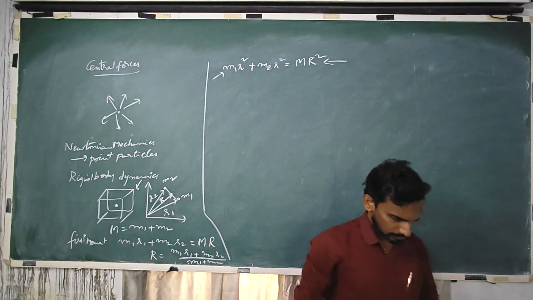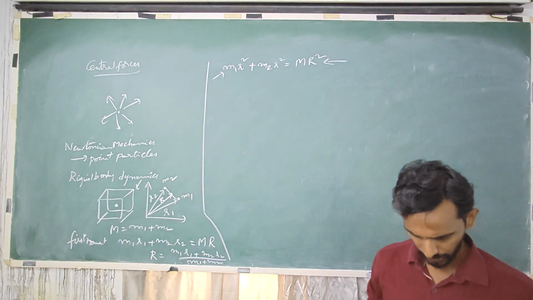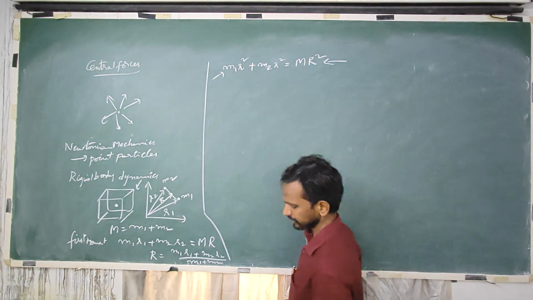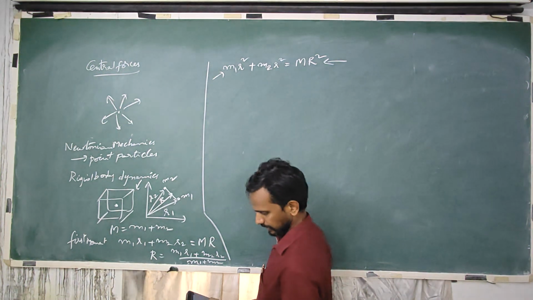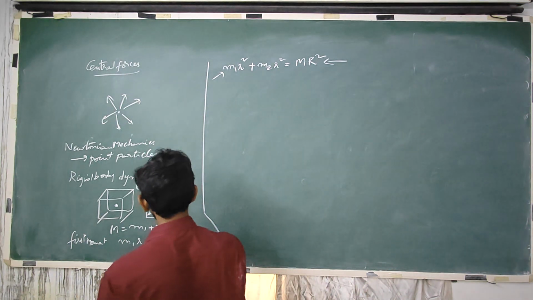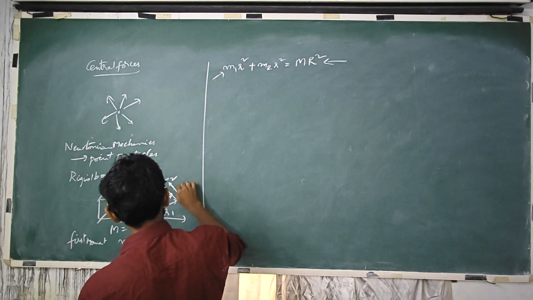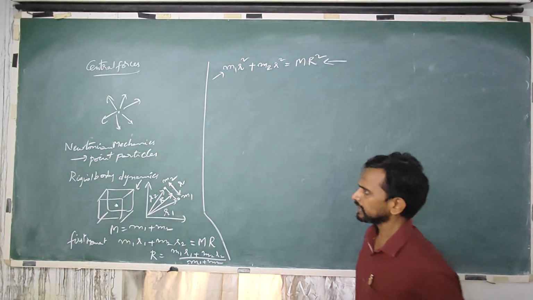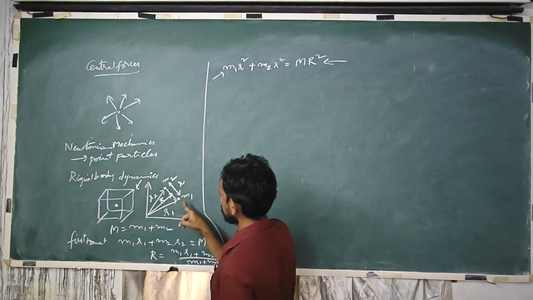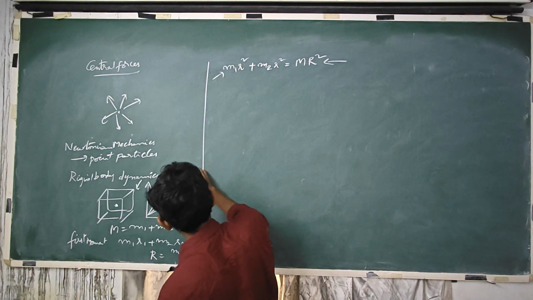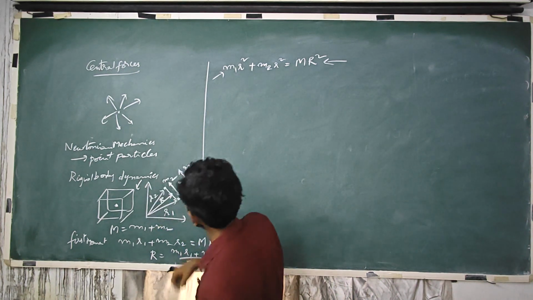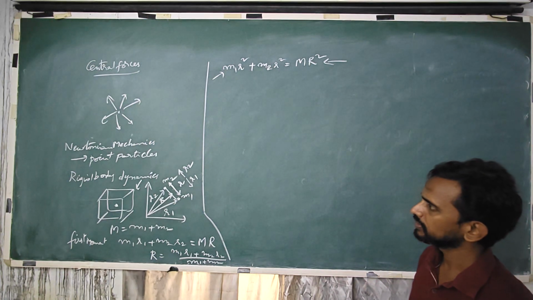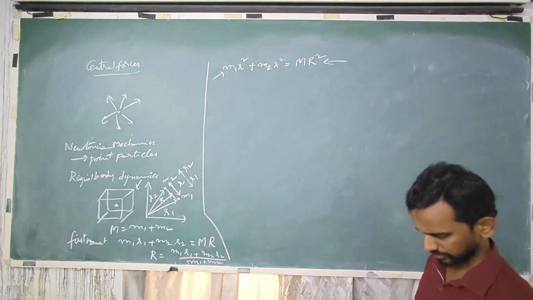So I'm defining another set of coordinates here. Let's say this total distance is r, and the distances from the center of mass to the first object and to the second object are r1 and r2.